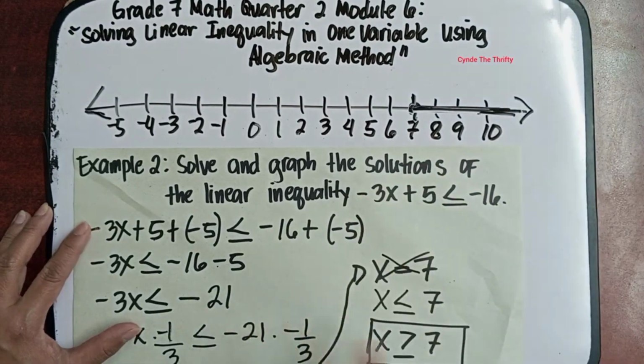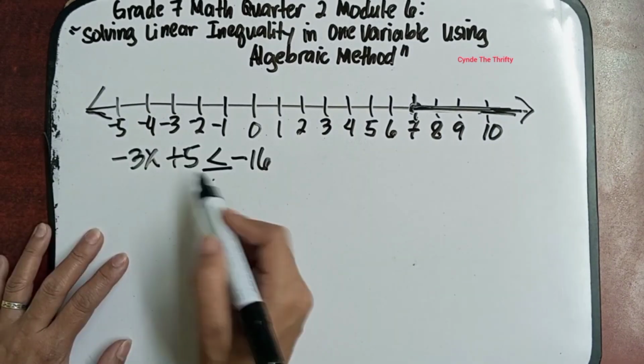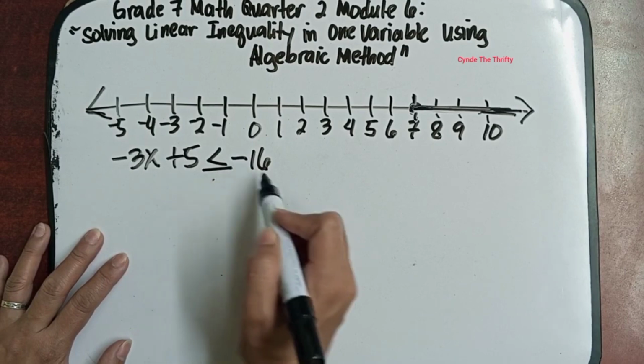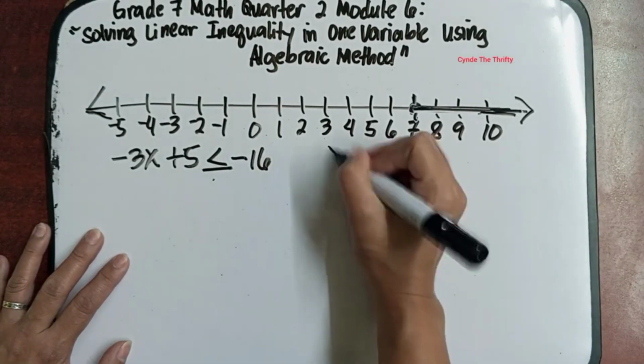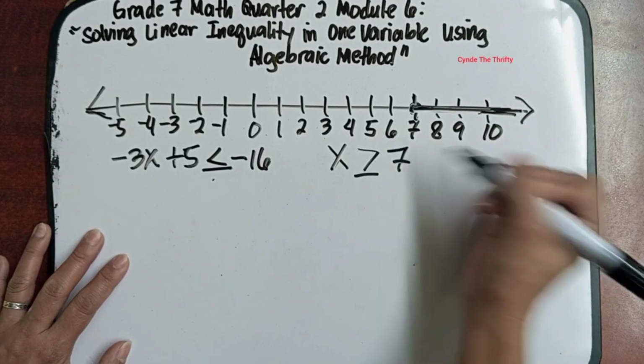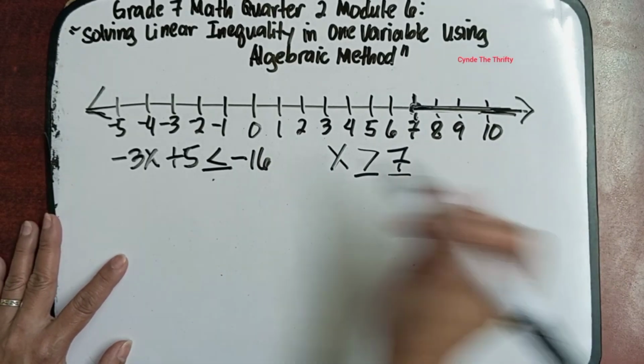Okay, i-check natin kung tama ba ang ating sagot na greater than or equal to 7. So, ang ating equation is negative 3x plus 5 is less than or equal to negative 16. So, ang value ng ating x is greater than or equal to positive 7. So, i-check natin siya. Kung 7 yung gagamitin natin, positive 7.